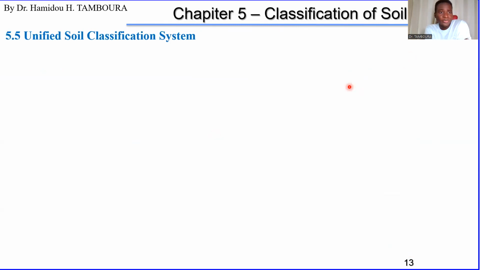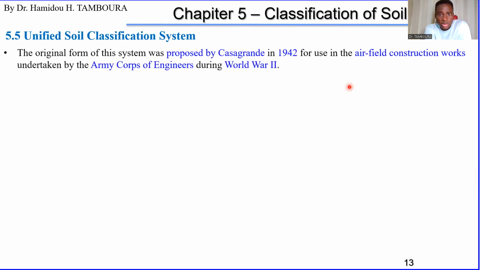Now we can start. Unified soil classification system. What can we say about this? We can say that this system was originally proposed by Casagrande in 1942. That was during the Second World War, and it was developed for airfield construction, for the airplane.